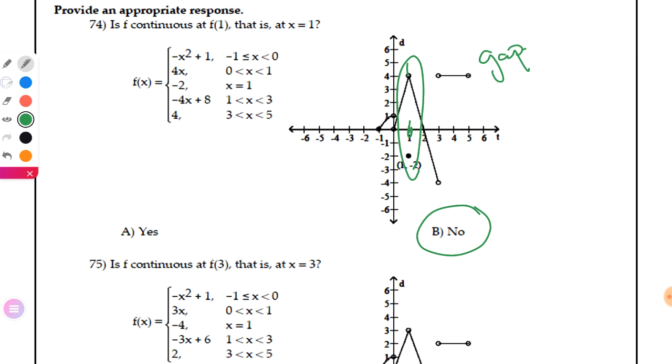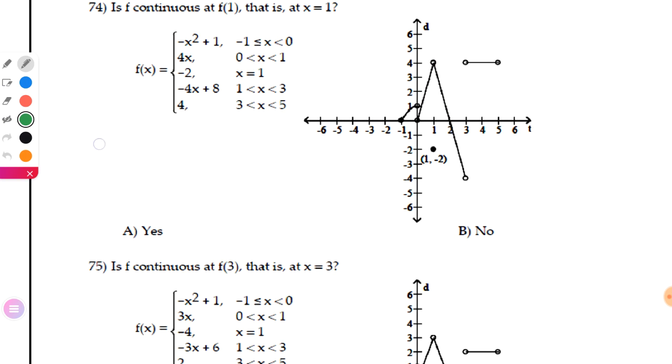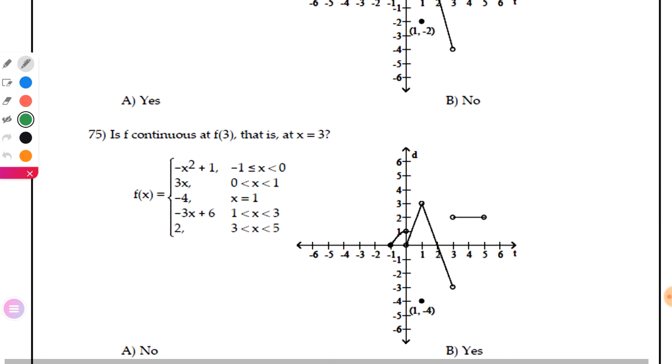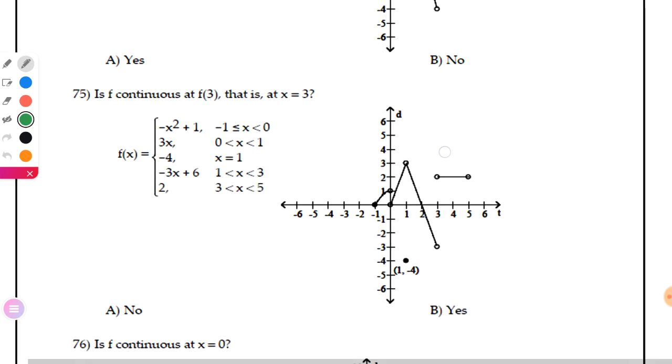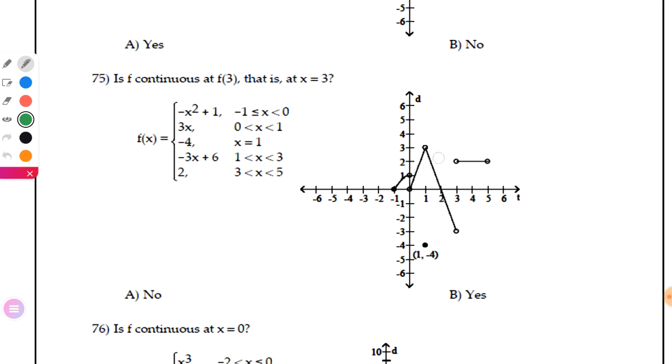Okay? Is f continuous at x equals 3, as you see? We have what? At x equals 3, we have a jump. The limit from the right is not like the limit from the left.